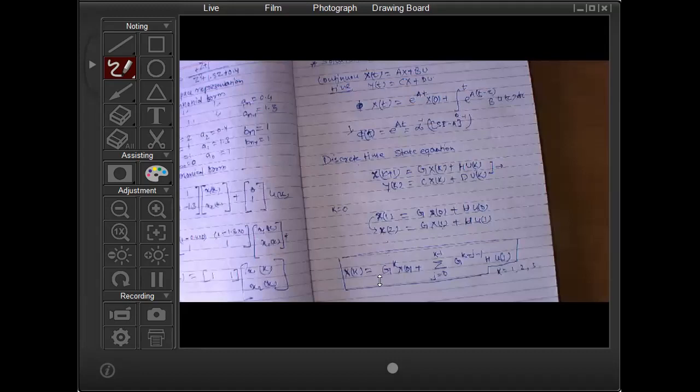So almost the solution of the discrete state space equation is the same as the continuous time domain.